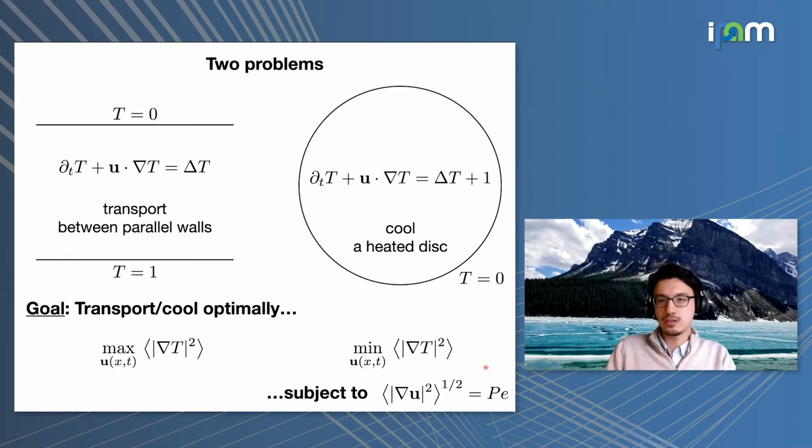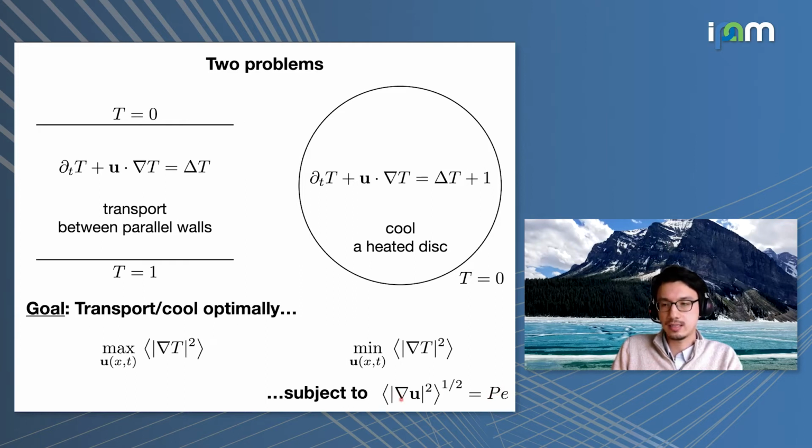There are lots of other constraints that you can put on the problem as well. Here I'm always going to think about having no slip boundary conditions, to simplify my life. You can also use other kinds of boundary conditions, but behind everything I say today is no slip boundary conditions. And then I'm going to enforce this entropy constraint, which says that, well, Peclet just stands for a measure of the intensity of the fluid flow.